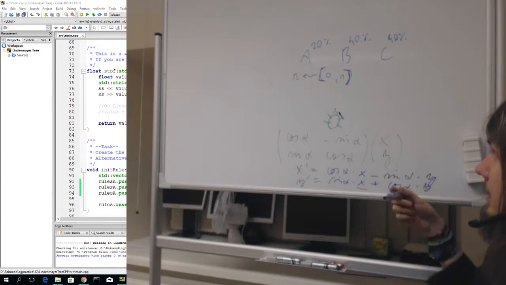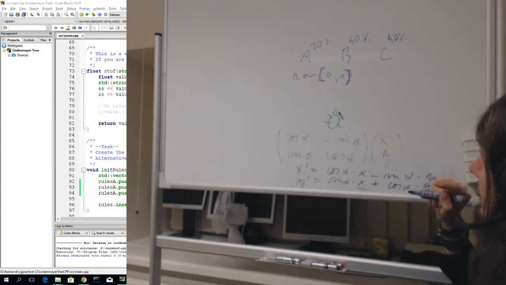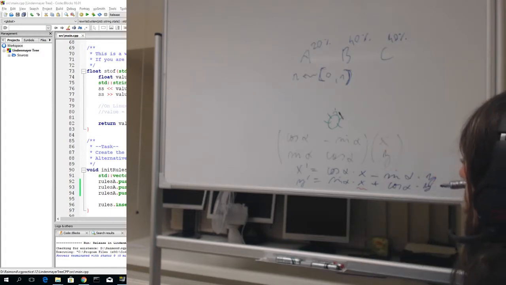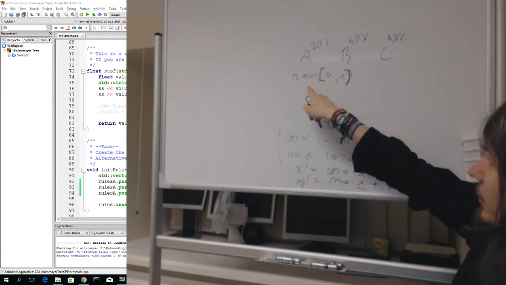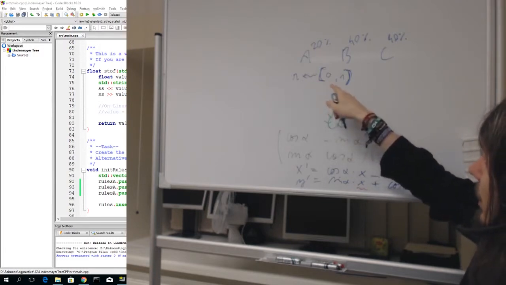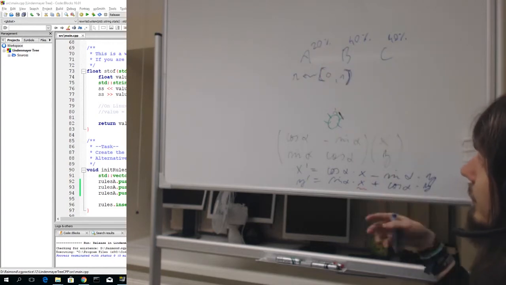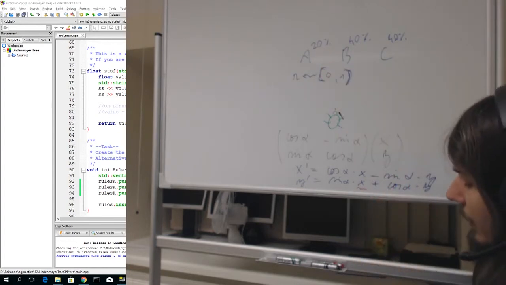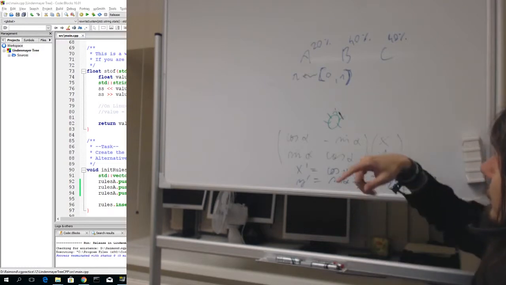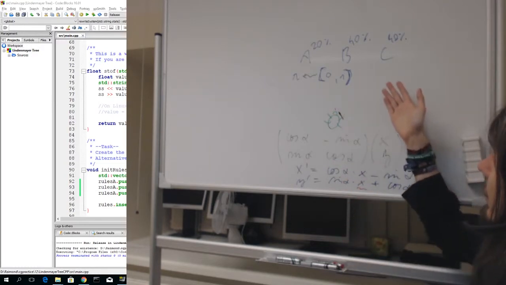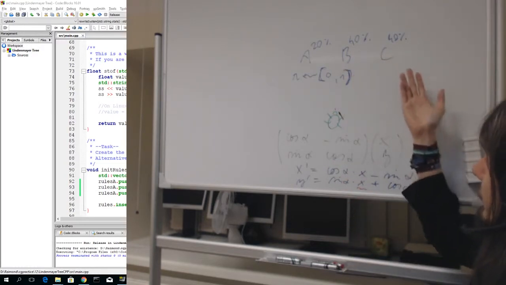And this is something that you should try to think about. So one thing we can see is that if this value was below 0.2, then we probably want to pick A because it was 20%, right? But what if it was above 0.2? Then how do we determine which one of those is picked?